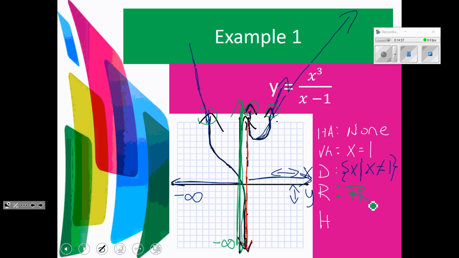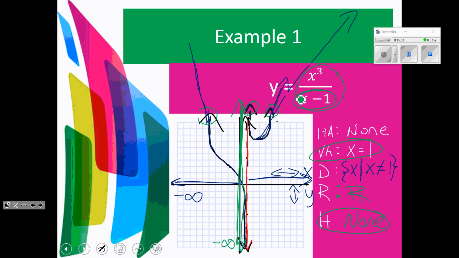Now, because we have a vertical asymptote, we do not have any holes. Holes and vertical asymptotes are similar. They both make the denominator 0. But here's the thing. If something cancels in your function, like if this x minus 1 would cancel, then 1 would be a hole.